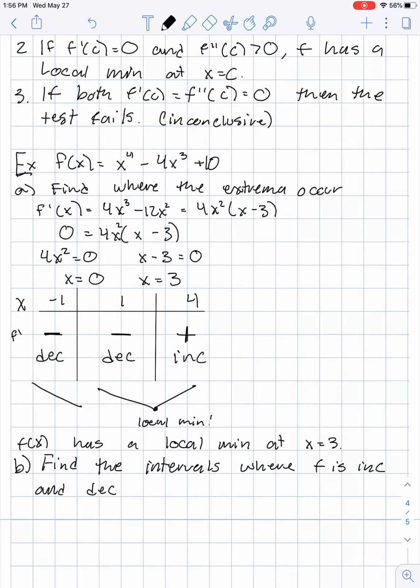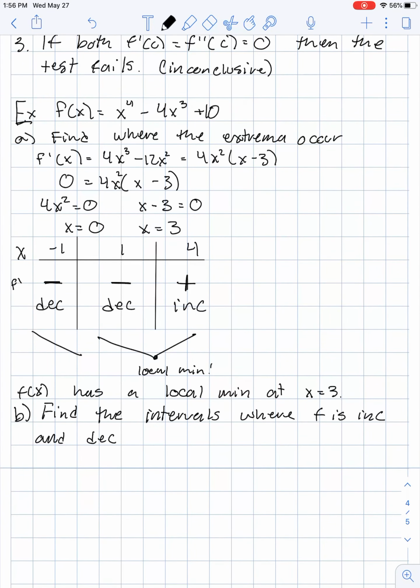Great, we've already done that with that chart that we already drew. So remember, the only time we can change from increasing to decreasing, if our derivative goes from negative to positive, the intermediate value theorem says that it has to intersect 0, right? Polynomials are continuous.